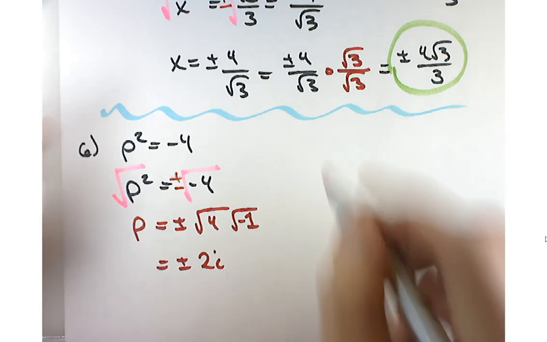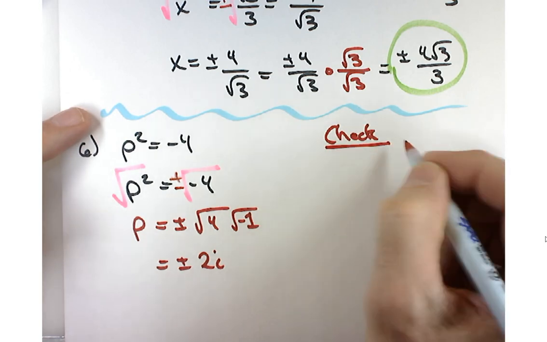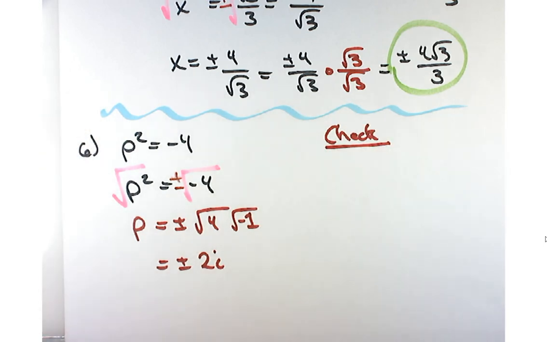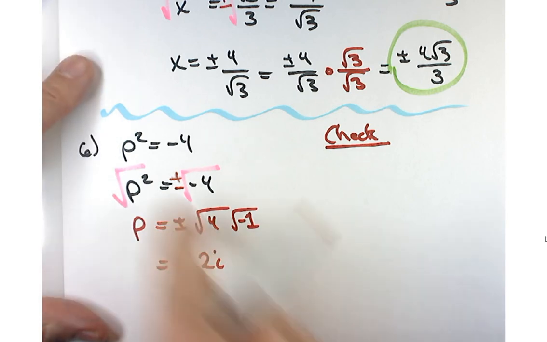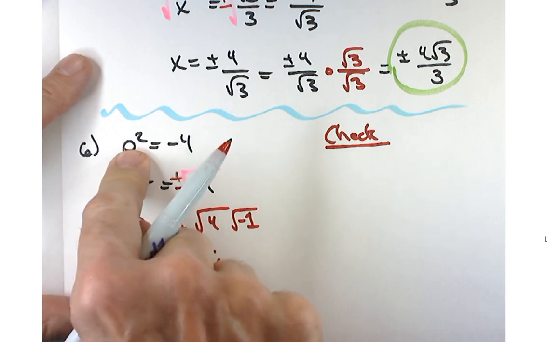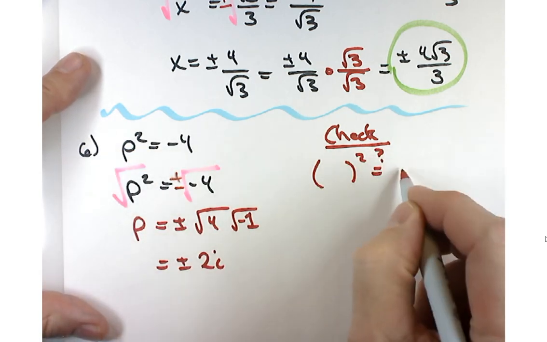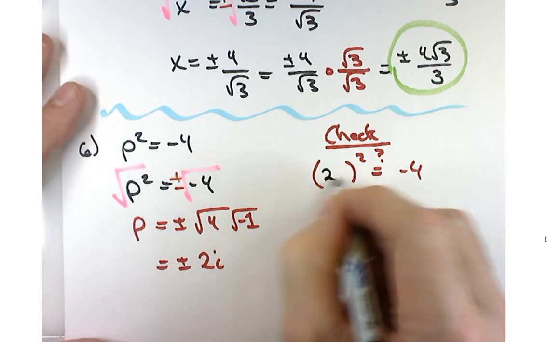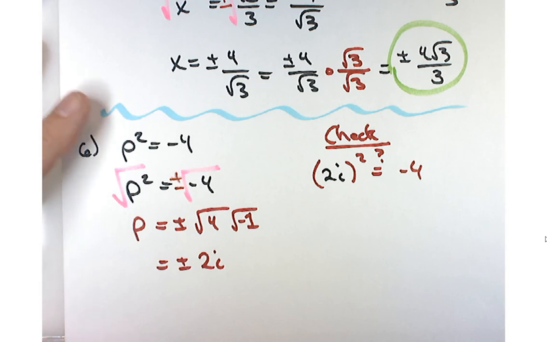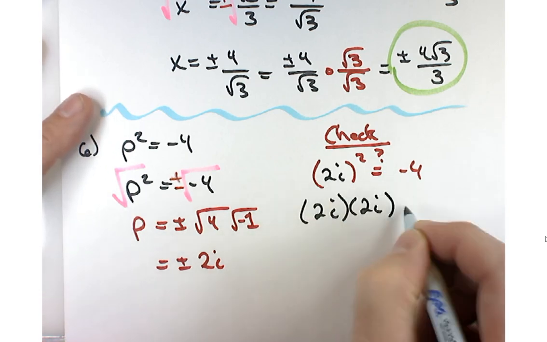Square root of both sides. Or square both sides. How about if we plug this back in for p, right? So let's square it and see if I get negative 4. So that'd be 2i squared, which is 2i times 2i.